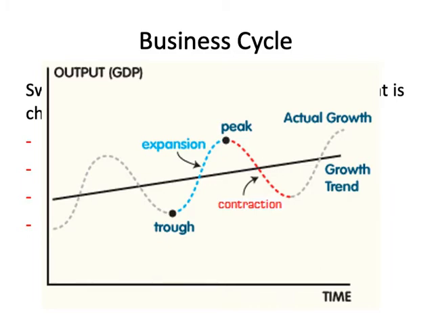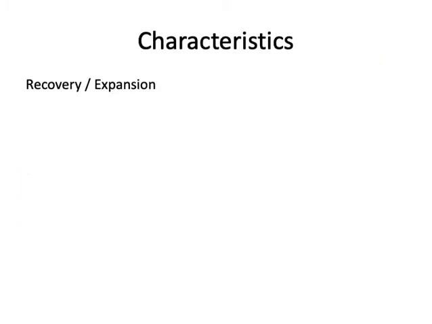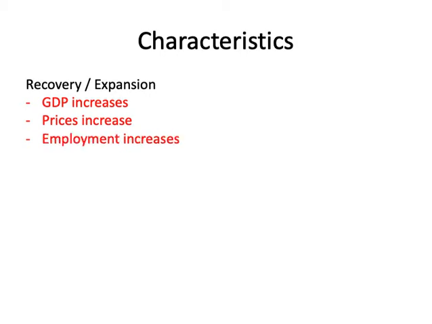So it's important to understand what these different parts of the cycle look like. And so we want to look at characteristics of a recovery or expansionary period. When we're recovering and expanding, our GDP should be going up, and our prices should also be going up. As we start to enter more output and economic activity is going to grow, prices will start to increase, right? Because employment's going to increase, people have more money, and prices will creep up.